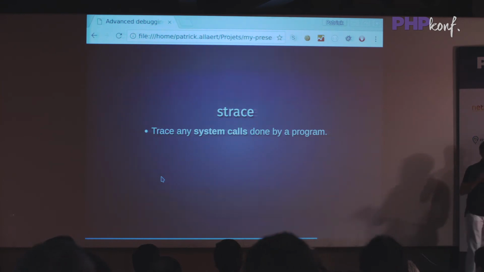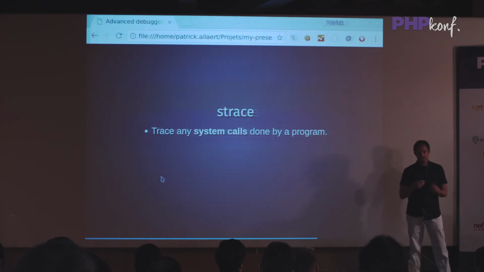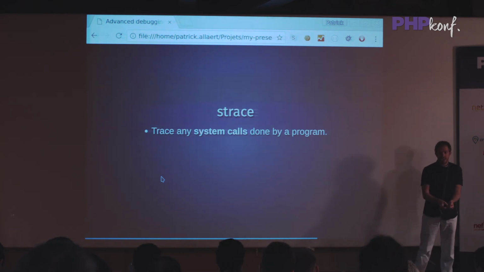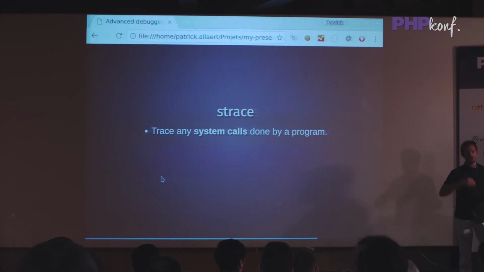Whenever you open a file, you're doing a fopen, it's not your application that is going to open the file directly on the disk. It asks a service from the operating system, which gives you a file handle, and then you can read on it and so on. So there is a communication between your application and your operating system. This communication mostly happens with system calls.